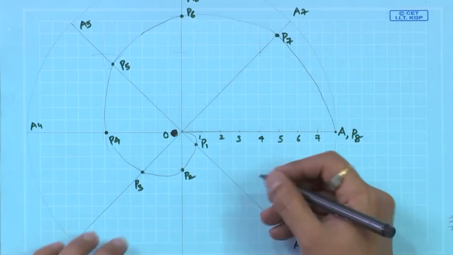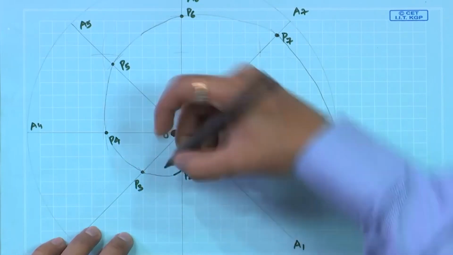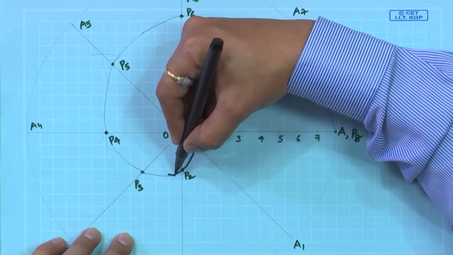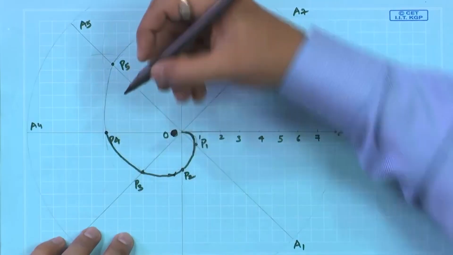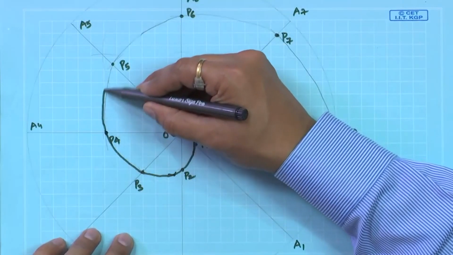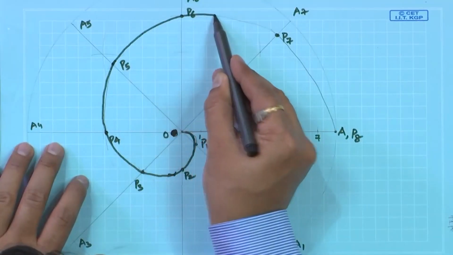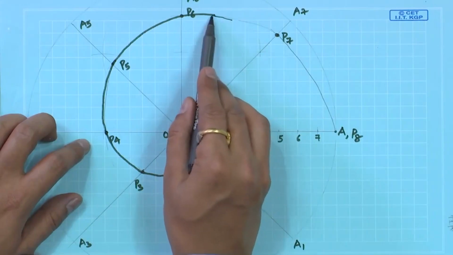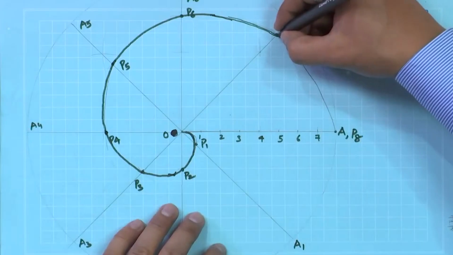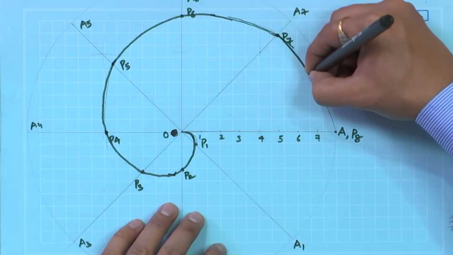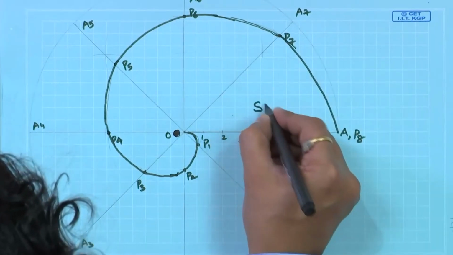This is the way, freehand sketch, one will be in a position to construct it. If we have more number of divisions, the curve will be very smooth to draw. This is what we call spiral.